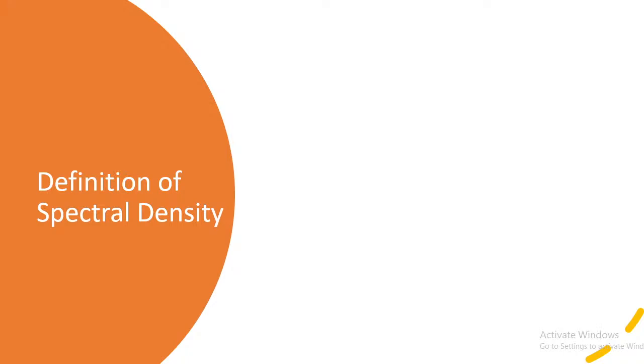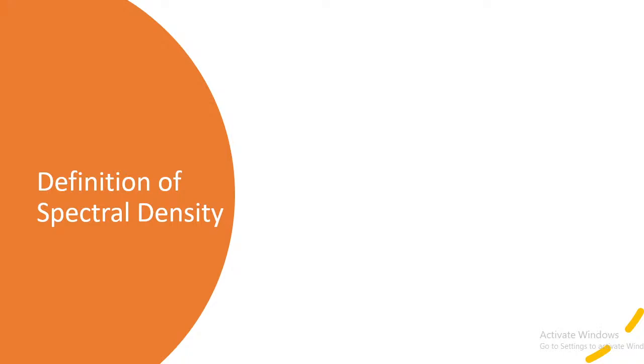That is A1 or A2 or A3, the maximum amplitude of the signal corresponding to that frequency. Based on that, this is called the spectrum. Spectrum means at which frequency, what is the maximum amplitude of the signal. So the frequency will be on the x-axis and the spectrum or amplitude on the y-axis.